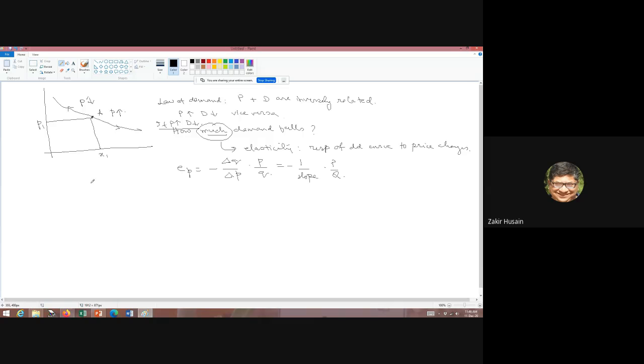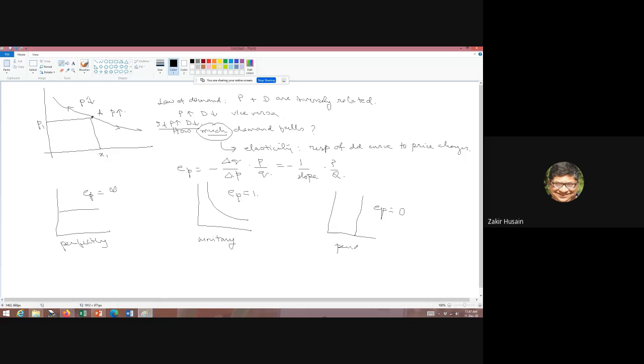Okay. Now I've told you that elasticity can be equal to infinity. This is infinity. At the other extreme, this is equal to 0. This is equal to 1. We call it unitary. This is perfectly elastic.